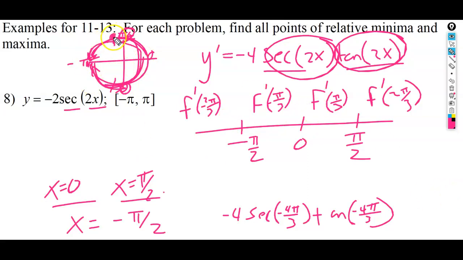Okay, so the secant value at that point, I know that cosine at that point would be a negative half, and so the reciprocal of that is negative 2. Tangent at this point on the unit circle is negative radical 3. So I've got 3 negatives, so my outcome is negative in this case.